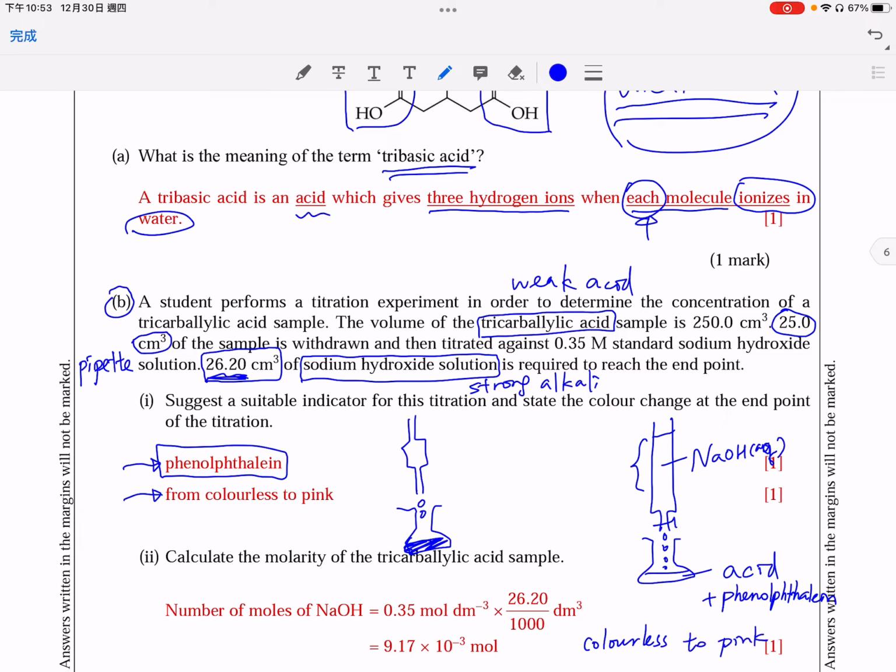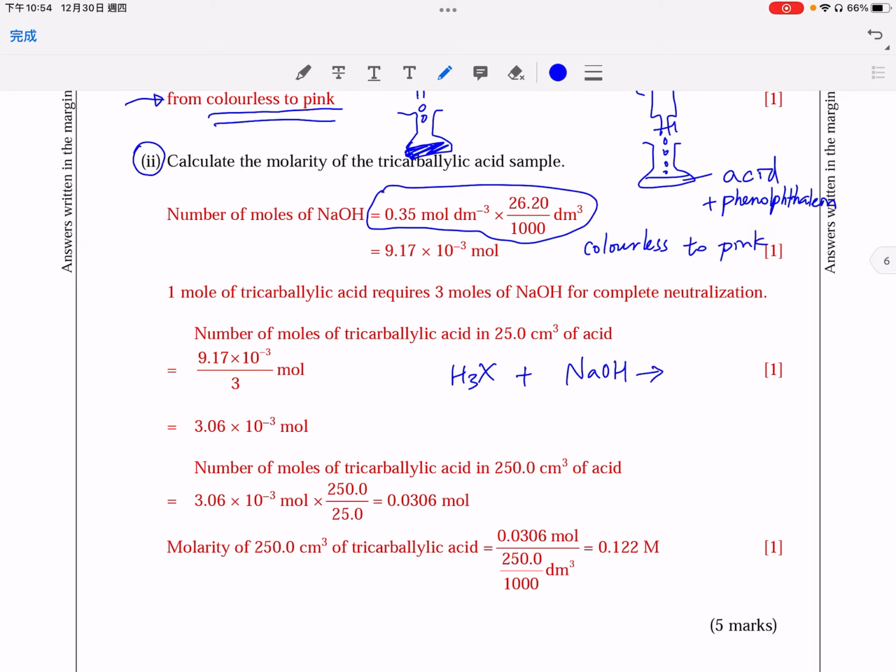Then, if it is to react with sodium hydroxide solution for a complete neutralization reaction, the salts produced should be Na3X and of course H2O as the other product. To balance the equation, of course 3 here and 3 here.